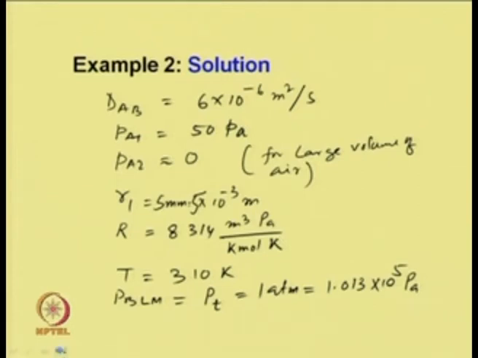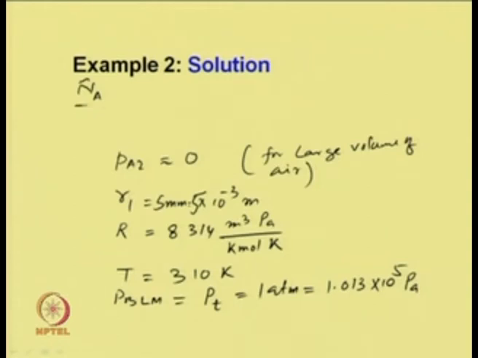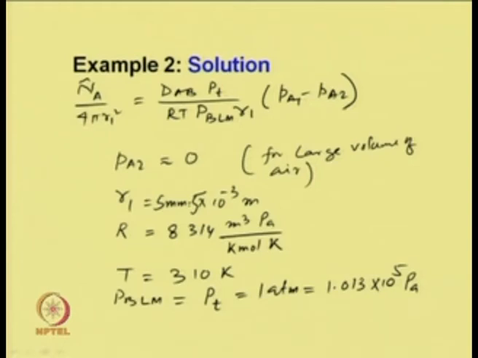So, now if we substitute these values in our governing equation, the flux Na cap by 4 pi R1 square will be equal to DAB PT by RT PBLM into R1 into the partial pressure difference PA1 minus PA2. So, PA1 is 50, which is given, and PA2 is 0, we are assuming for a large volume of air.